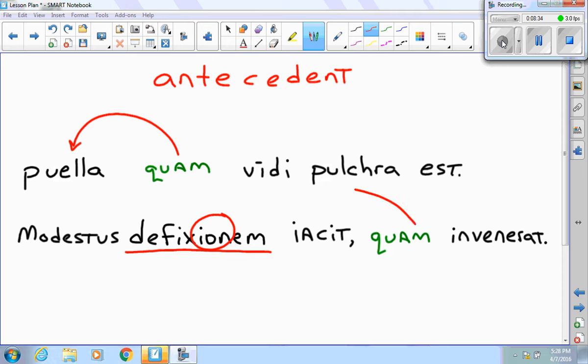Quam refers back to defictionem. So make sure that you're good with identifying both words that are obviously feminine, and words that aren't so obviously feminine, or masculine for that matter.